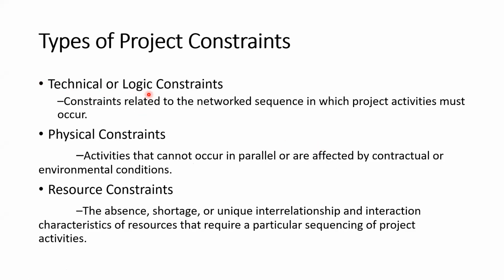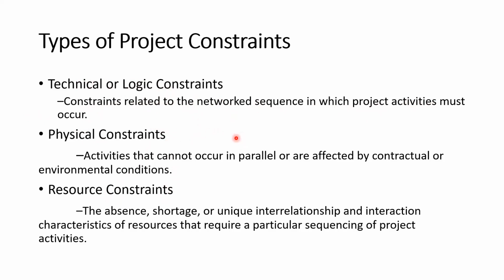Technical or logical constraint, physical constraint, and resource constraint. Those are the three major project constraints that we can identify, right? Under technical or logical constraint, these are constraints related to the network sequence in which project activities must occur. In a project network, we have to follow a sequence.